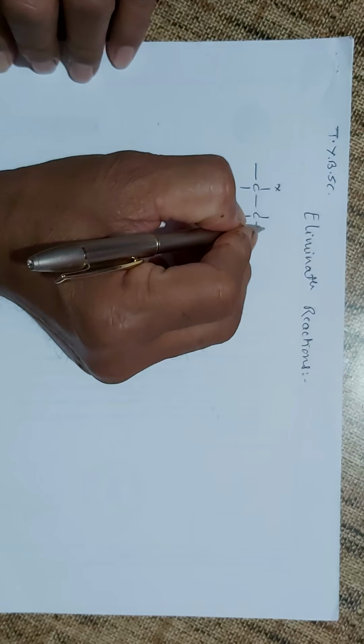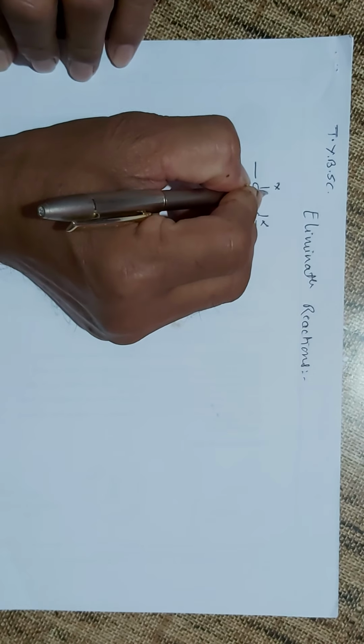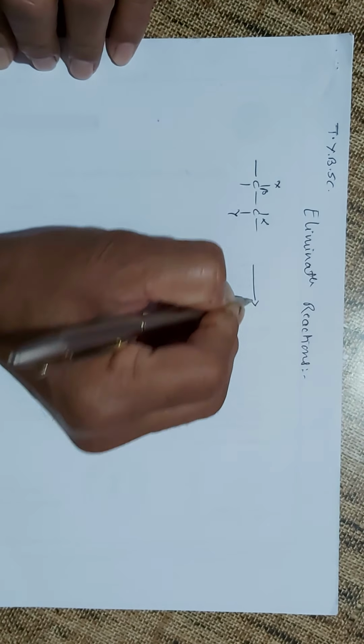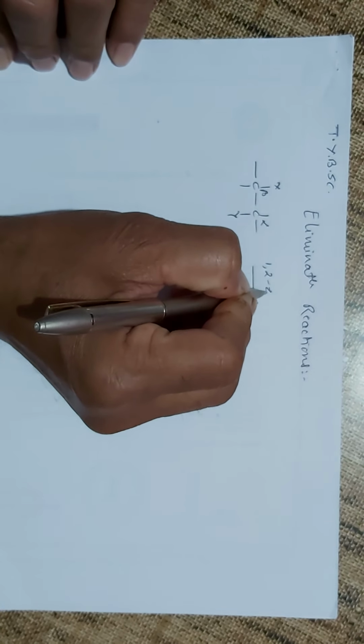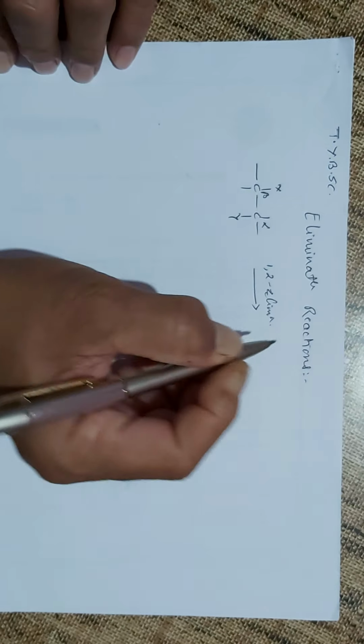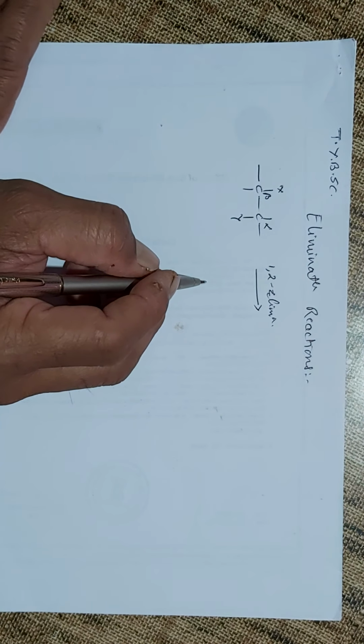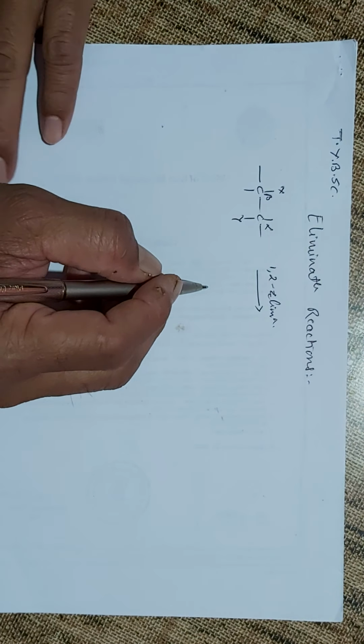So here we are getting the different types of reactions in which elimination is taking place. Elimination means two atoms or groups of atoms are removed from the reactant.